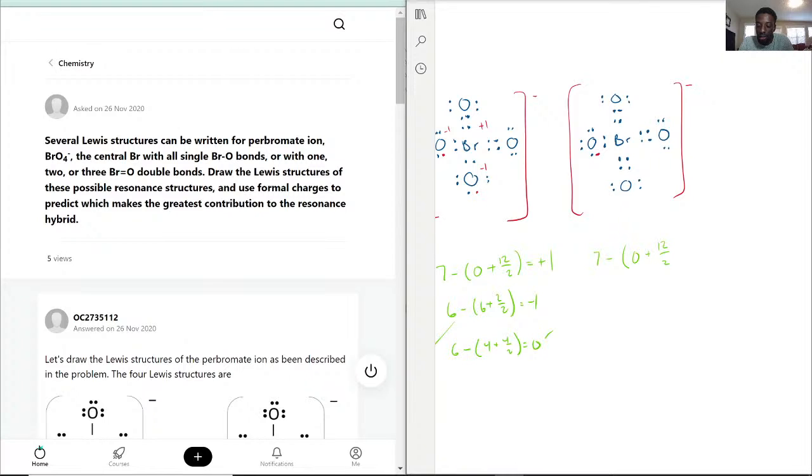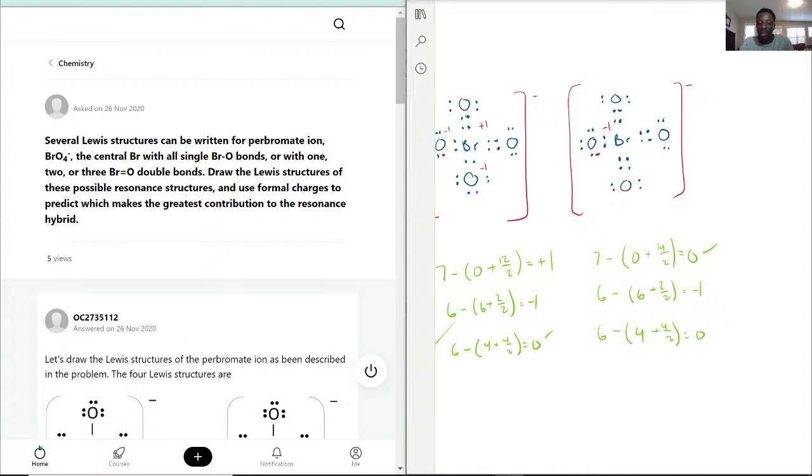Oops, not 12, sorry about that. If you counted it, it's 4, 8, 12, 14. And now we finally get bromine to be 0. Awesome. And the rest of the oxygens with the double bonds are doing 4 over 2 equals 0. There's only one oxygen here where it's 6 minus 6 plus 2 over 2, which equals minus 1. Only one oxygen does that, which is right here.